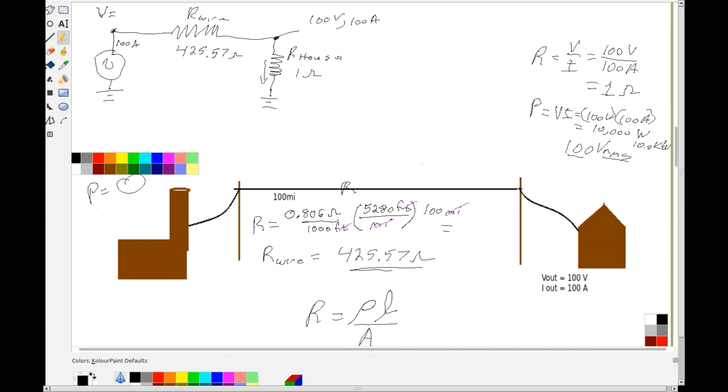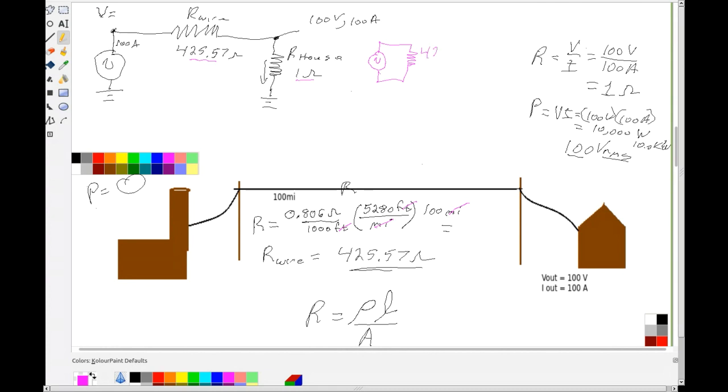So, this is really a simple voltage divider type of circuit here, or if you wanted, we could just simplify the circuit and say that the simplified circuit has this resistance of 425.57 plus this resistance of 1 ohm.